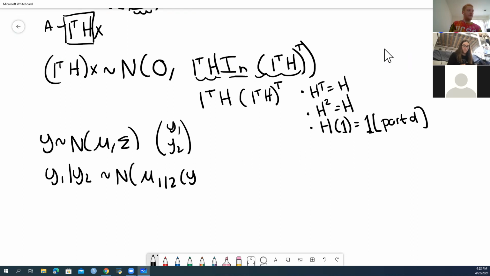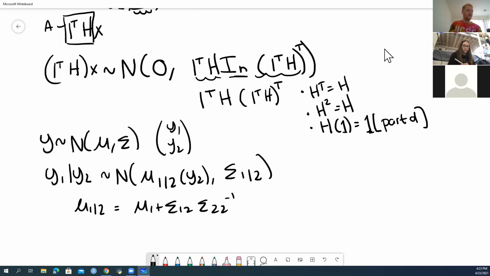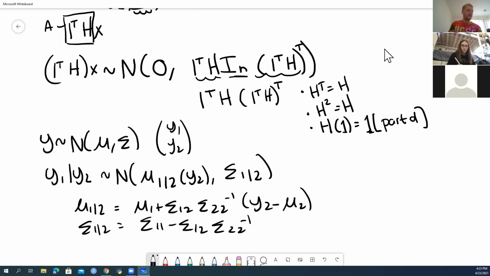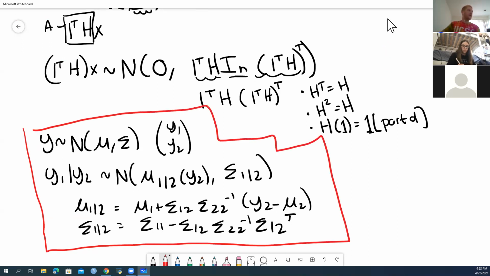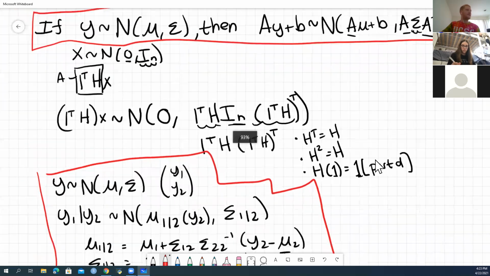Mu 1 given 2 of y2, and then sigma 1 given 2, where mu 1 given 2 is equal to mu1 plus sigma 1,2 sigma 2,2 inverse (y2 minus mu2). And then sigma 1 given 2 is equal to sigma 1,1 minus sigma 1,2 sigma 2,2 inverse sigma 1,2 transpose. So if you have this fact, and then this fact up here, you can pretty much do most of the homework.